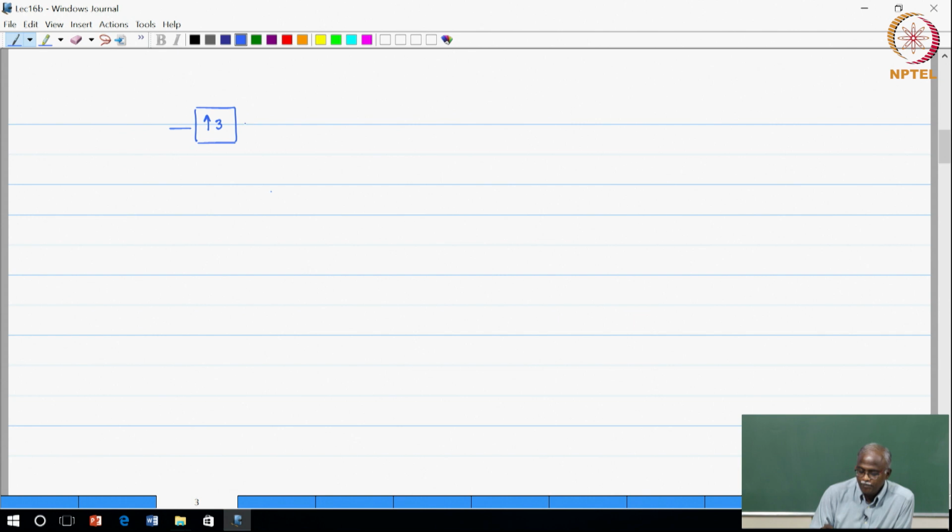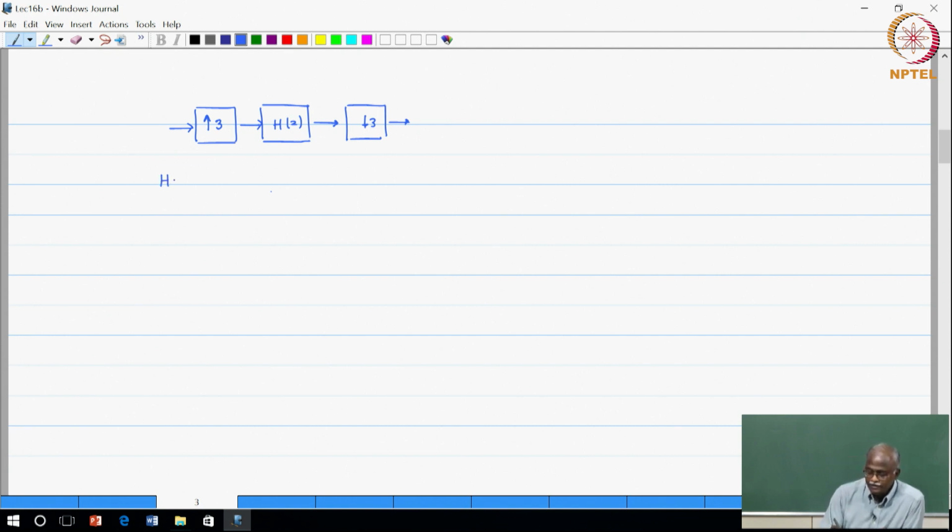I have upsampling by a factor of 3, just as one of the operations I want to filter it by H of z and then downsample by a factor of 3. This is more to test the application of the principle that we have just now developed.